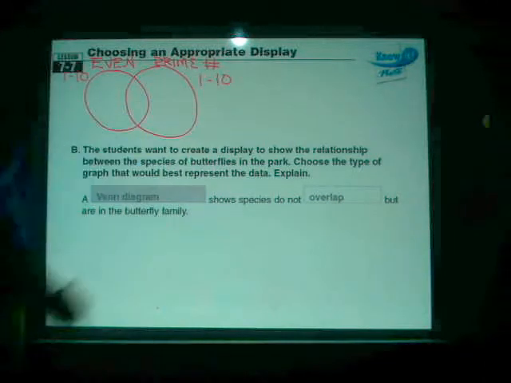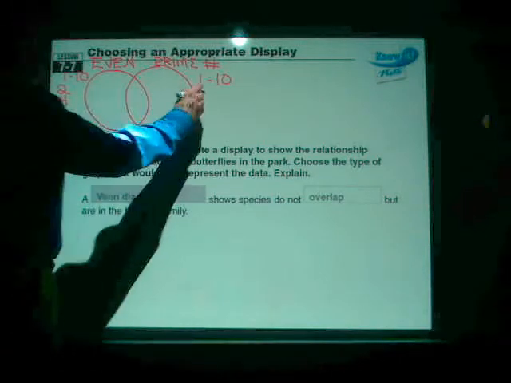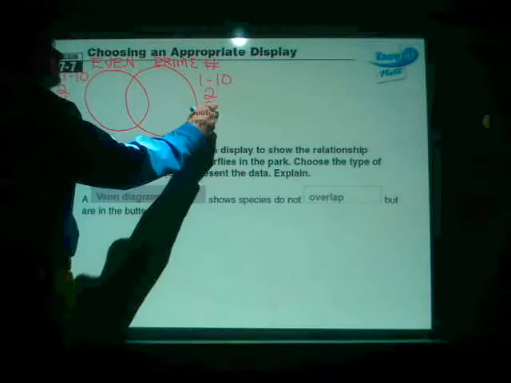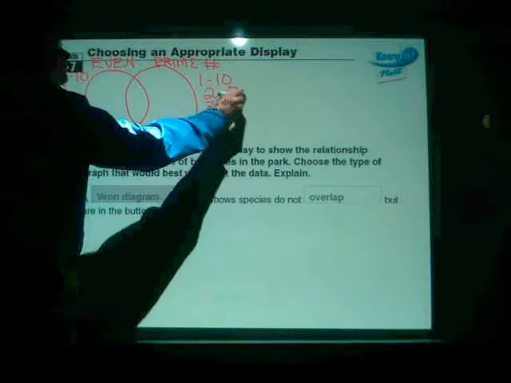between 1 and 10. Well, of course, we know that the even numbers between 1 and 10 are 2, 4, 6, 8, and 10. The prime numbers between 1 and 10 are 2, 3, 5, and 7.